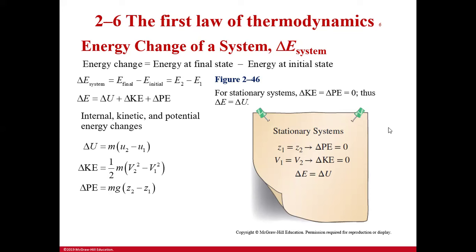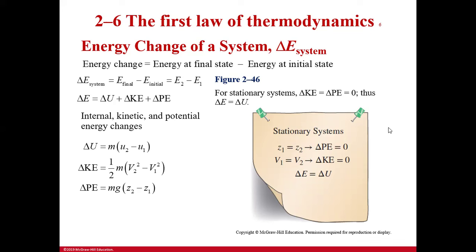Similarly, change in potential energy is m times g, which is constant, multiplied by the change in height. So energy change is energy at the final state minus energy at the initial state, and delta E, the change in energy of a system, is equal to E2 minus E1.